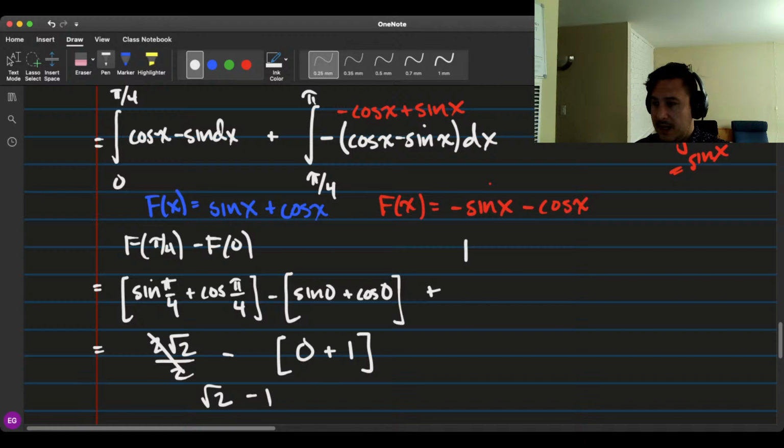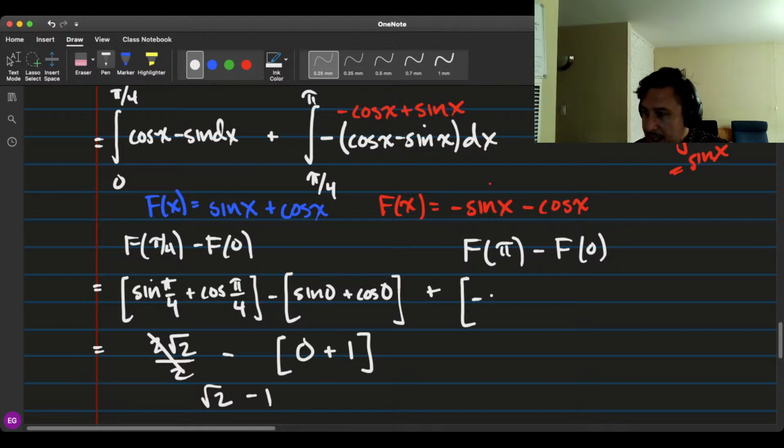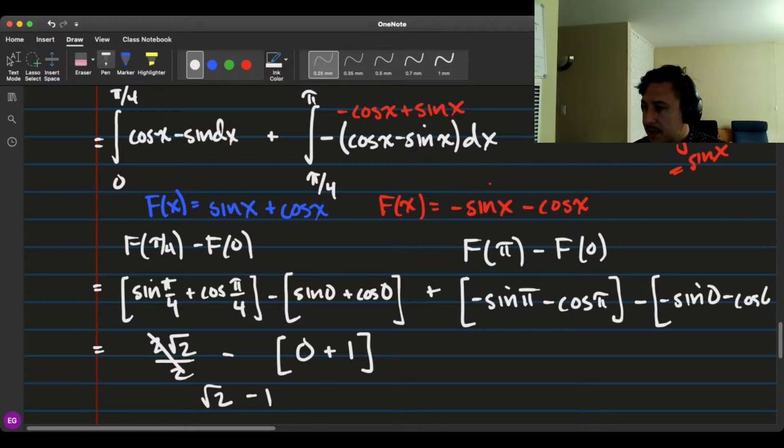Okay, and then you need f of pi minus f of 0, which is going to be minus sine of pi minus cosine of pi, minus negative sine of 0 minus cosine of 0. What's the sine of pi?